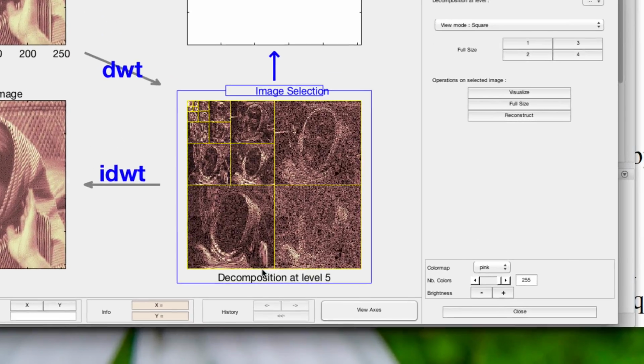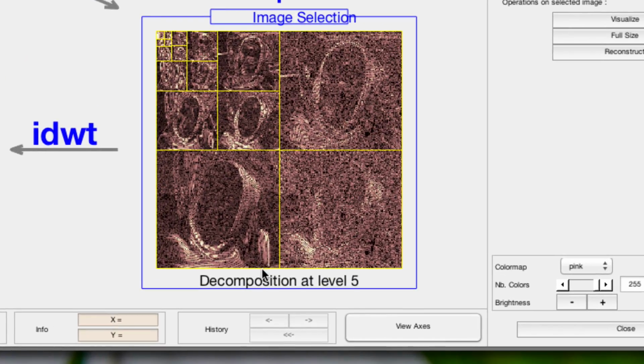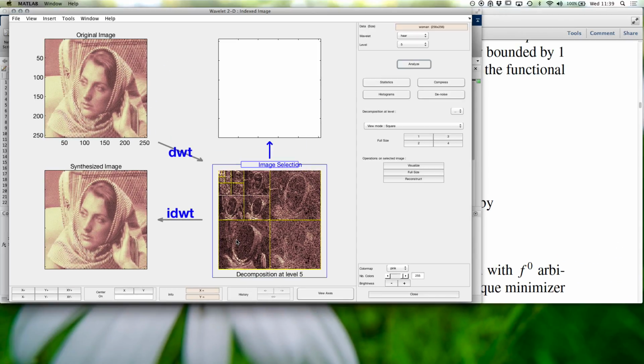If our image has size 2 to the n times 2 to the n, we can do this n times, so long as the low pass part is only 1 pixel. Then we have to stop. But so we can keep on dividing it like this. And in this picture you see the coefficients of building blocks of different sizes for the image.